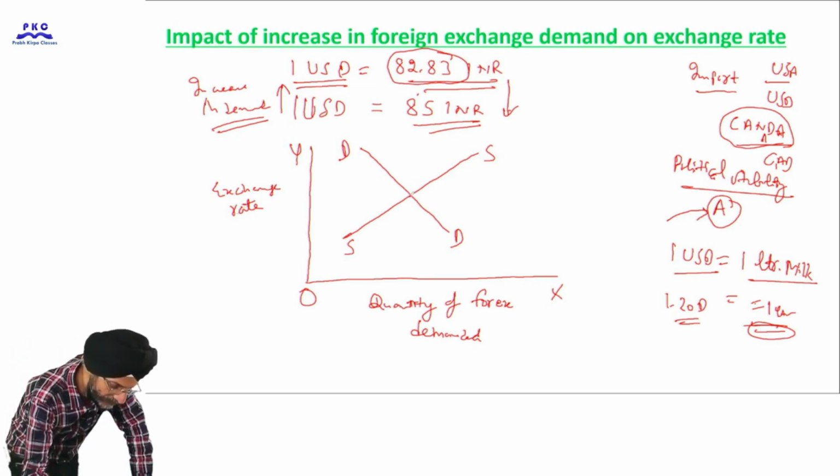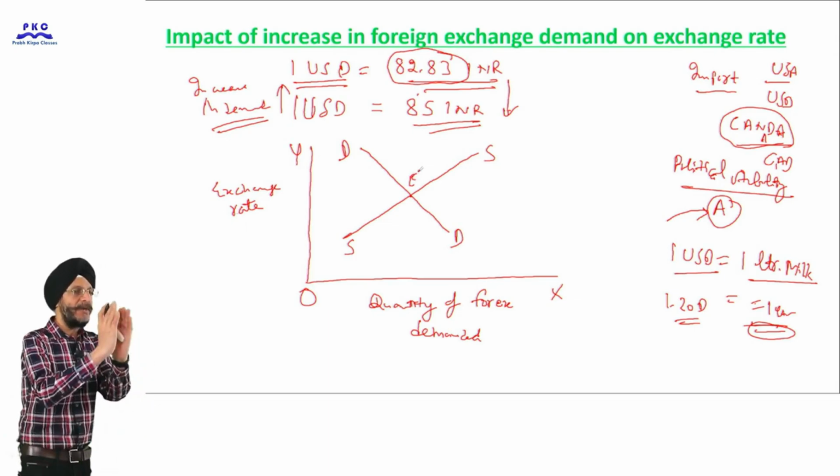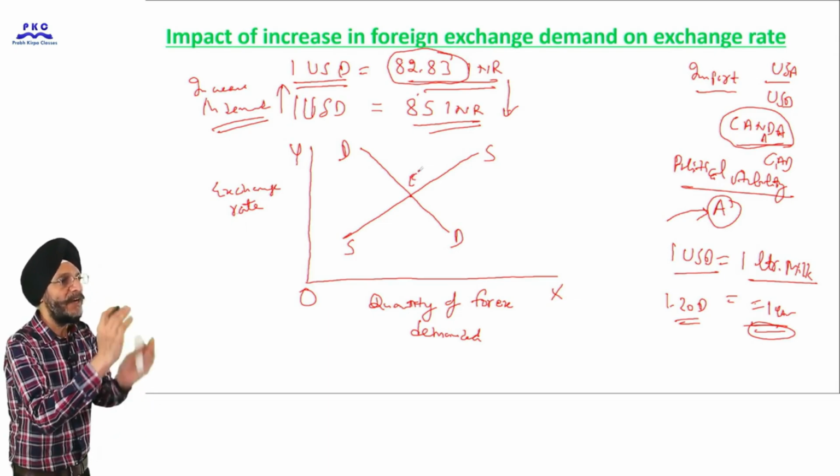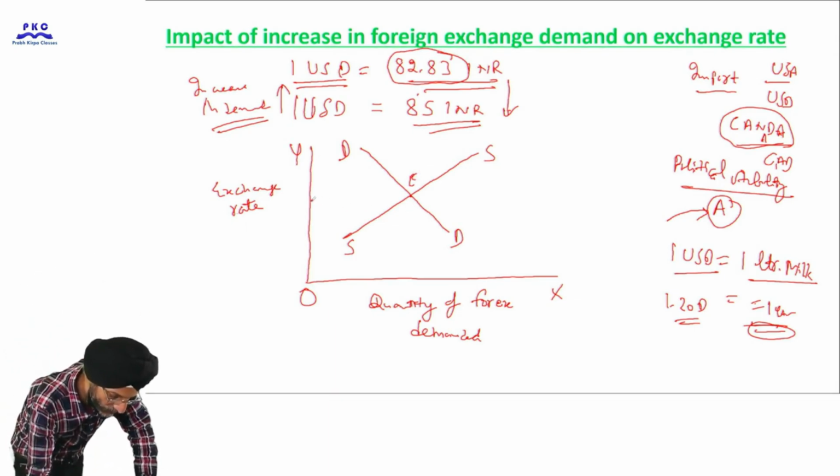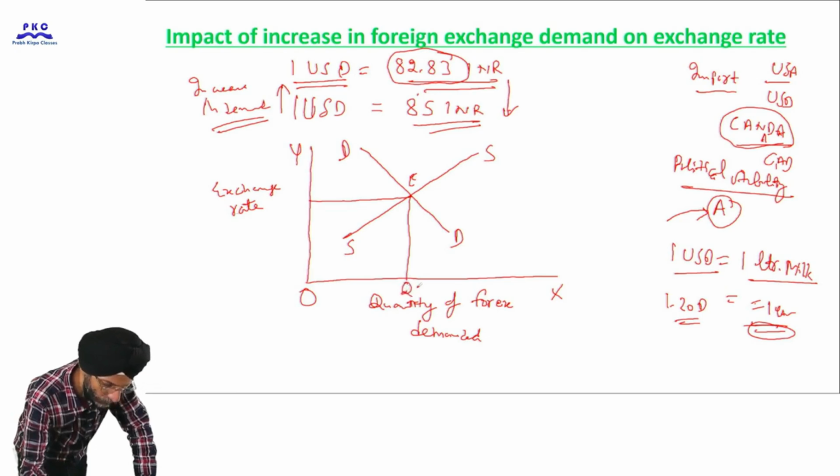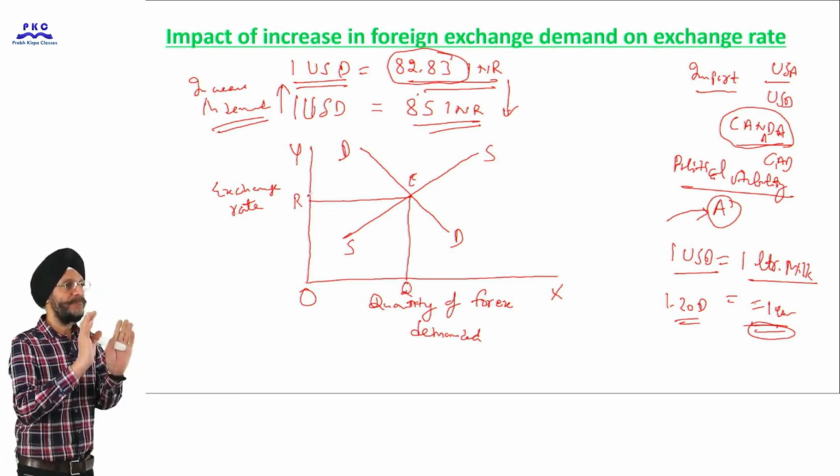So here it is the point E, the equilibrium point, where the demand and supply curves cut each other. So this is the quantity demanded Q when the exchange rate is R.